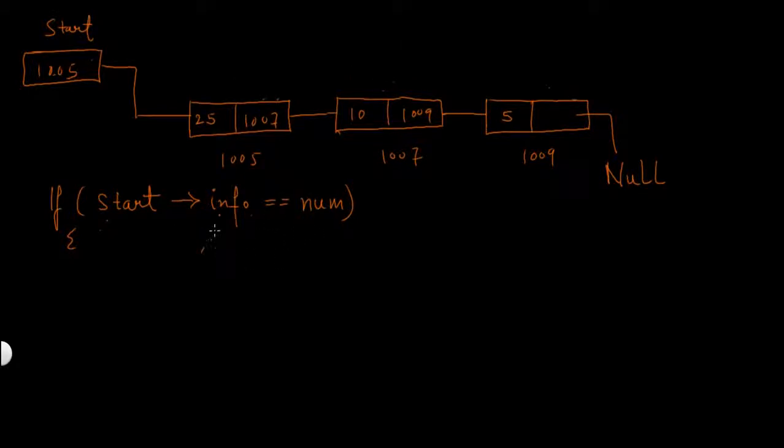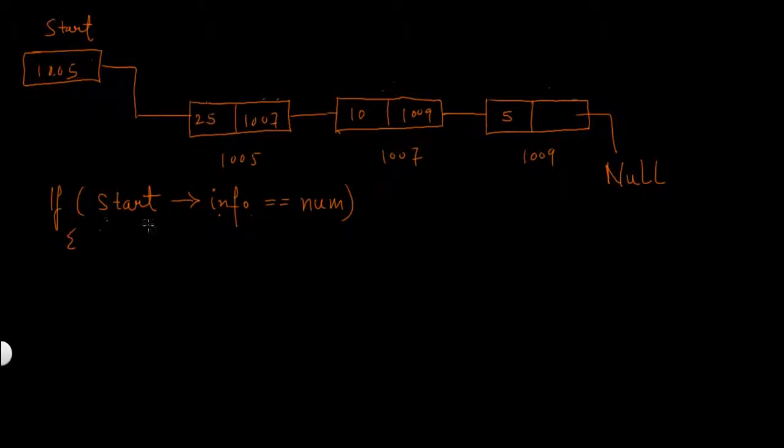Now with the help of this if statement, we can check if the node to be deleted is the first node in the list. Start arrow operator info means the info part of this node, because start will always store the address of the first node.